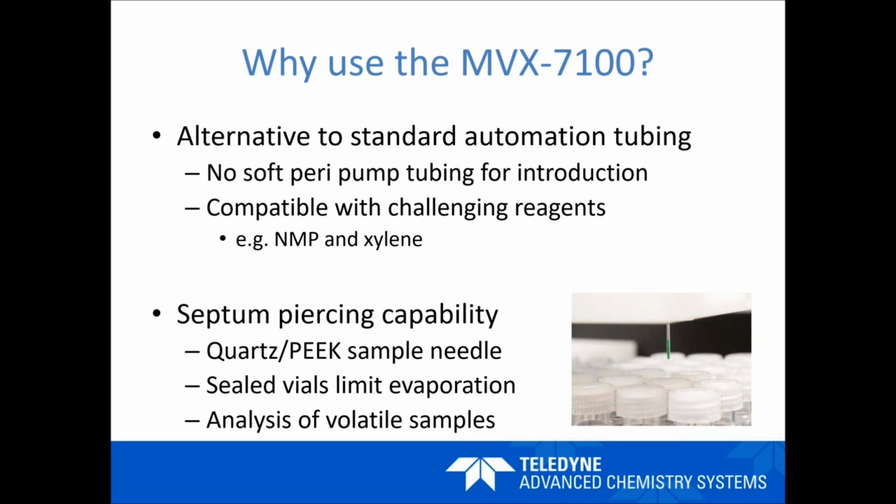Whereas if you're using PFA tubing or other harder plastic tubing, then you're not going to have that kind of issue, particularly with concentrated organic solvents. So we've certainly seen benefits in moving to the MVX with those kinds of tubing and plastics, with NMP, the semiconductor solvent, and things like xylene.